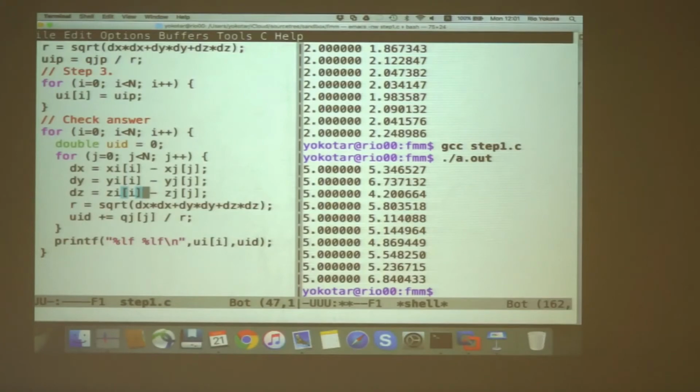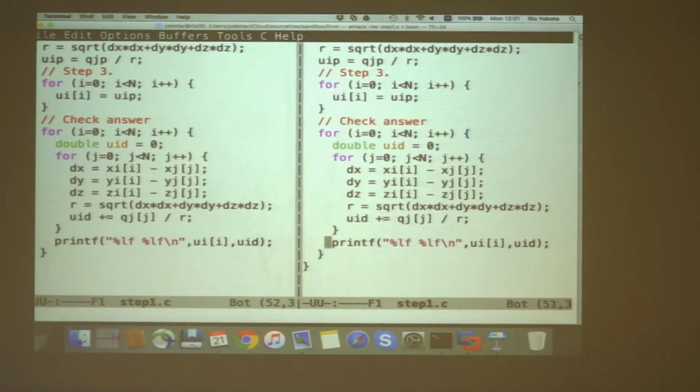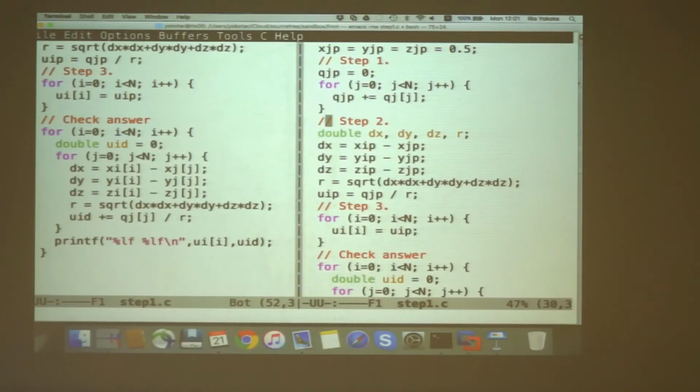Maybe on this side I can show other parts of the code, so I can show a larger part of it.